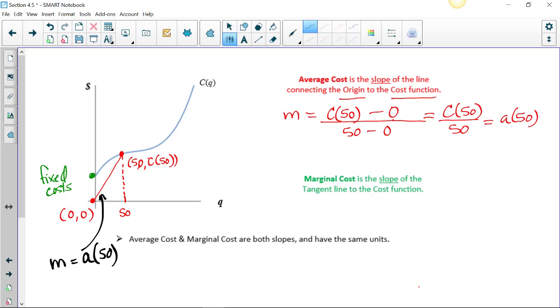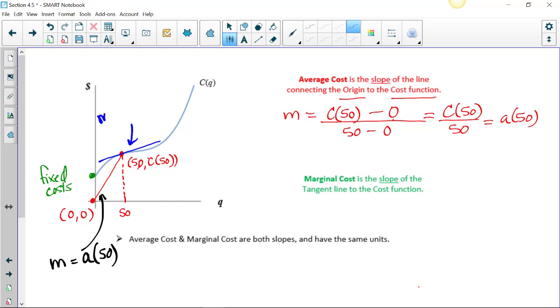The marginal cost, we know marginal means slope of the tangent line. So the marginal cost is the slope of the tangent line to the cost function at that point. If I'm talking about the marginal cost at 50 items, then it would be the line drawn that is tangent to that point on the curve.